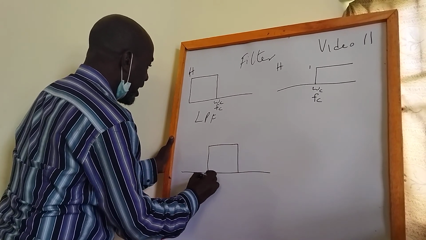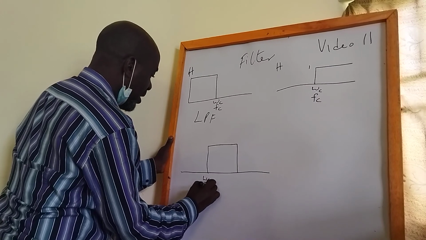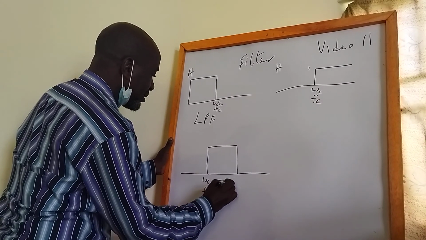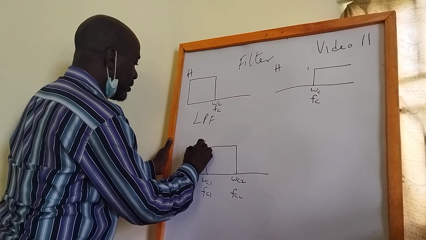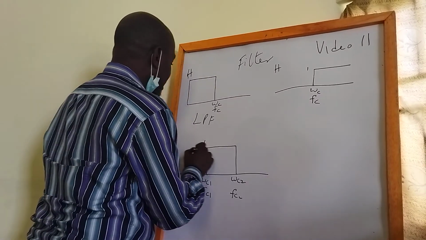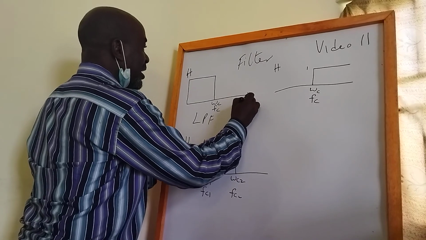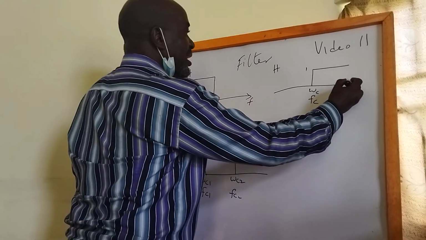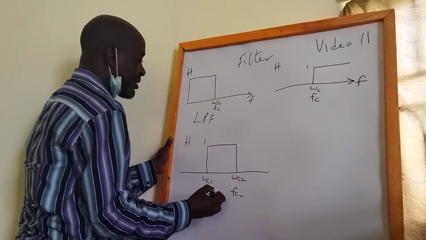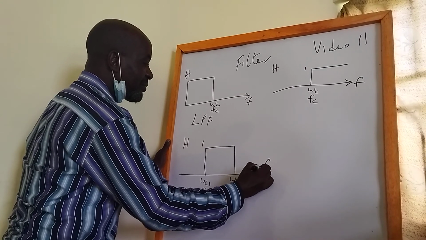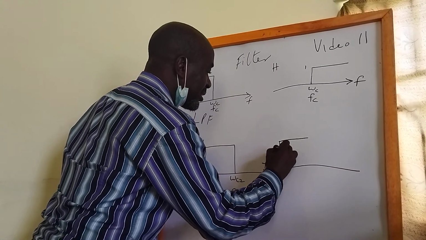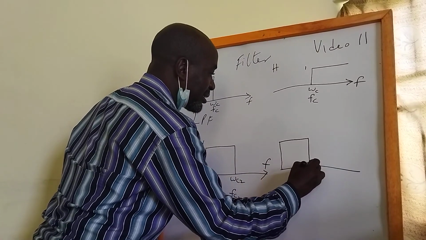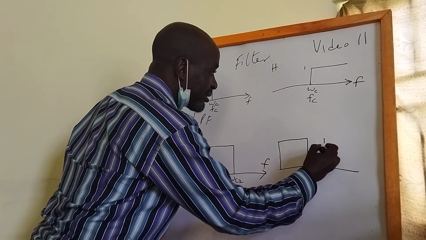Band pass filter. This is omega C1, FC1, omega C2, FC2. This will be 1. This is H. This axis is the frequency axis. Then we have band reject filter.